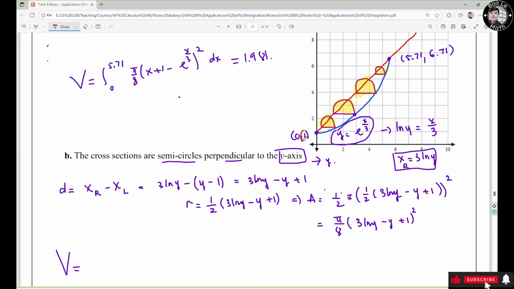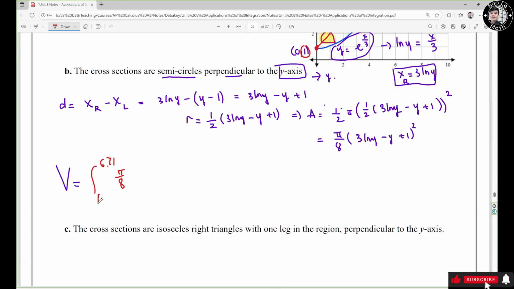The lower bound is 1. The upper bound is 6.71. So it's going to be the integral from 1 to 6.71 of pi over 8 times 3 ln y minus y plus 1, all together squared, dy.